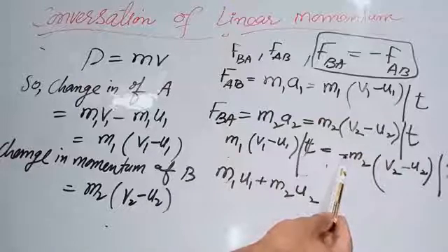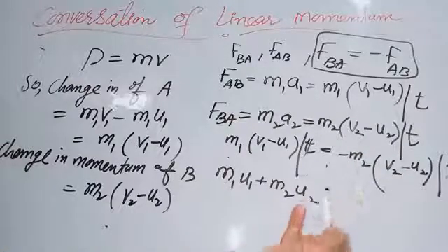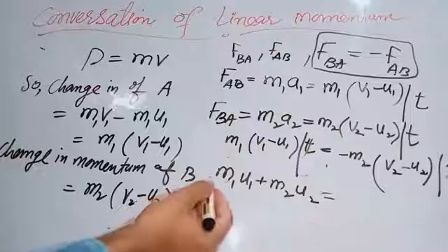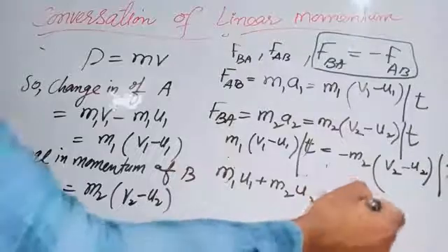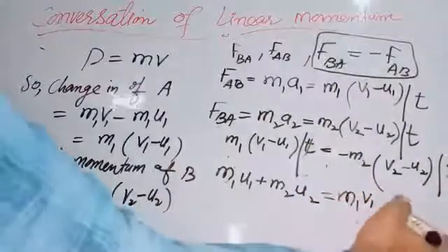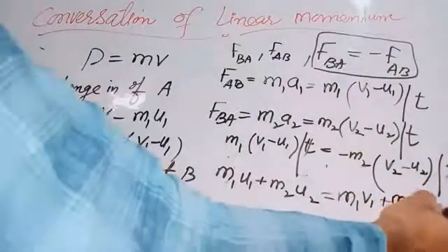So after rearranging, I will get m1u1 plus m2u2 is equal to m1v1 plus m2v2.